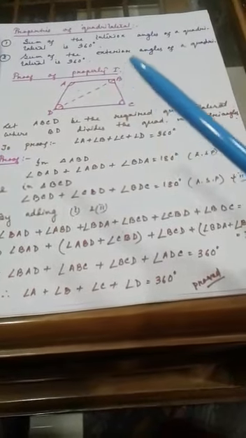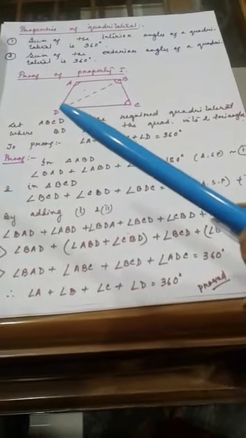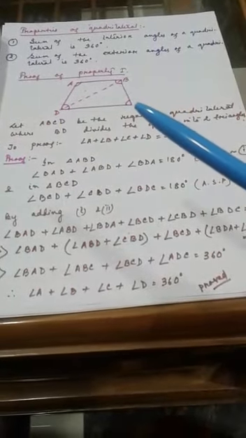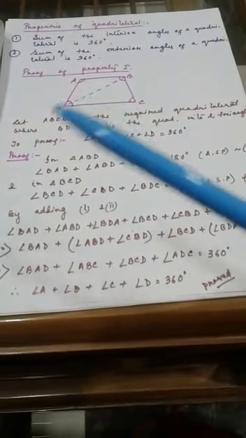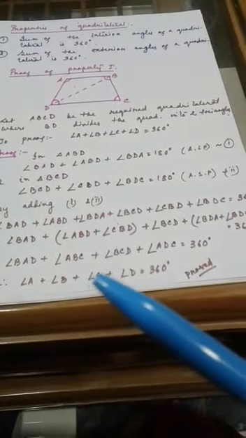Next angle C is angle BCD, and next angle D is the combination of angle BDC and angle CDA. After writing in this way, in place of these angles, you write angle A, angle B, angle C and angle D. So hence it is proved.